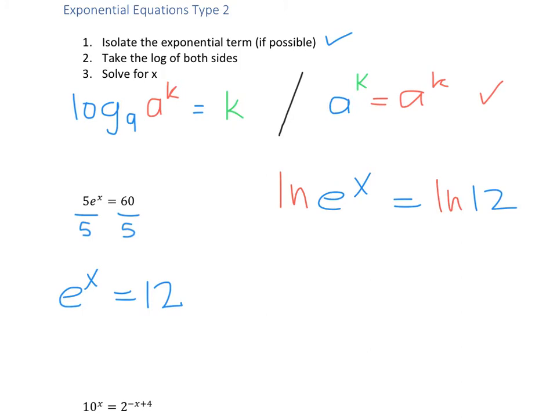So natural log e to the x, remember that natural log is log base e of e to the x. Based on that property we have just right above it, that's going to give us just the exponent x. And that's equal to the natural log 12. Plugging that into our calculator, we can round to 3 decimal places and get 2.485.